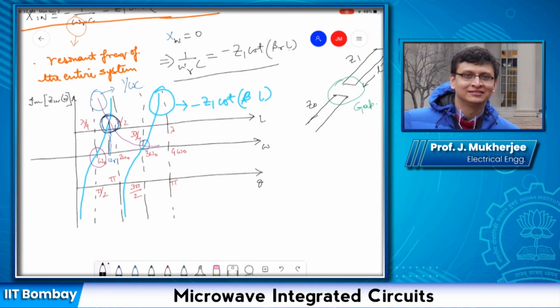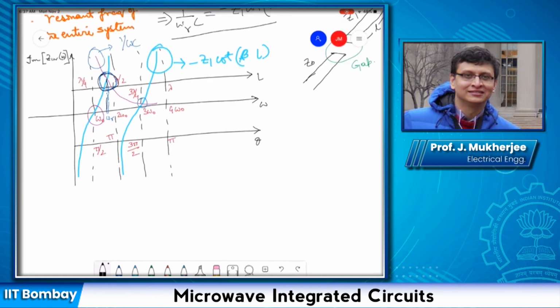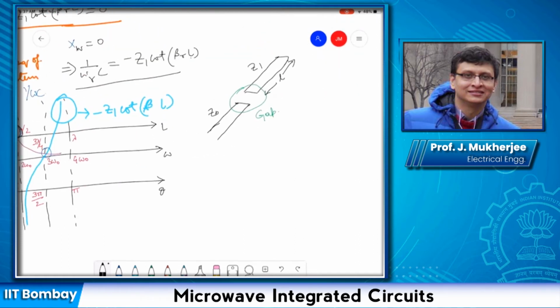Now, how do we find out the Q factor of this resonator? First of all, when I say Q factor, which Q factor is the most appropriate? Note that all the transmission lines are considered to be lossless, so this is entirely a lossless system. Our resonator part is this.